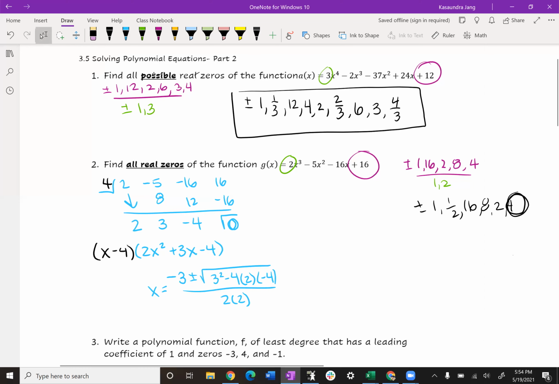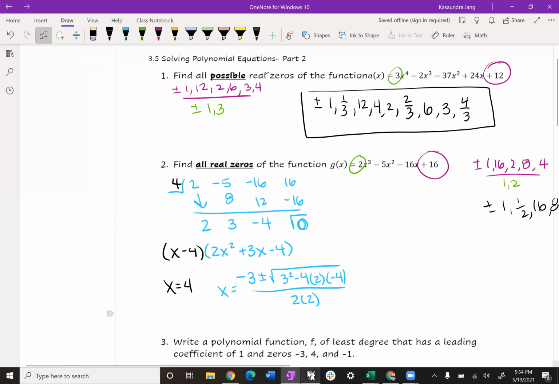And again, I already have that x equals a positive 4. Since it's degree 3, I could have up to 3 solutions, zeros that it's asking for.